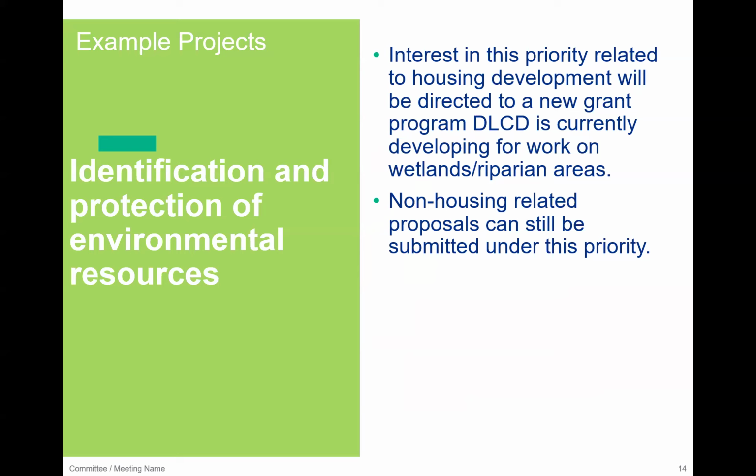That's one of the biggest issues we've been hearing from local governments: not necessarily wanting to develop in wetlands, but not having the knowledge of where those wetlands are and not having the money or resources to determine where those wetlands are on project properties that could otherwise be developed.